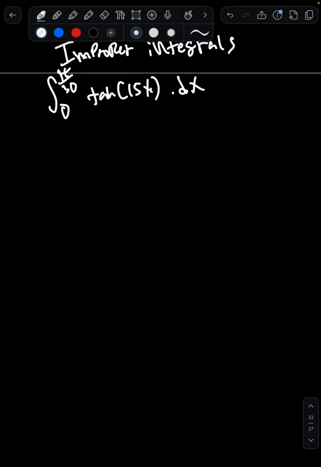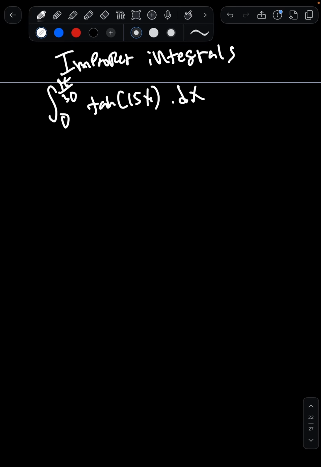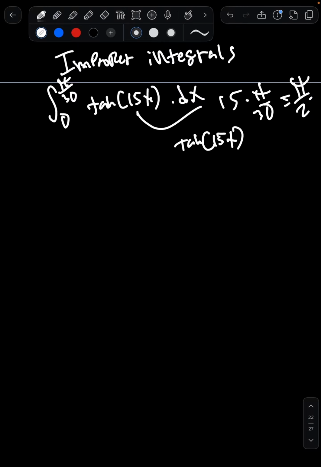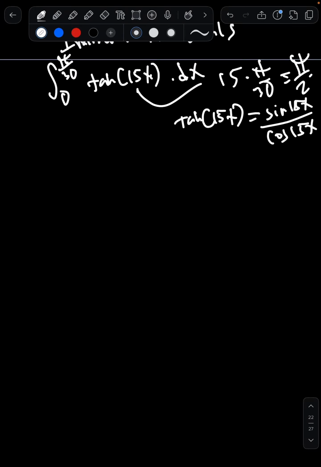However, you need to take into account that 15 times pi over 30, which I got pi over 30 from one of these bounds, is equal to pi over 2. Now, we know tangent of 15x can be rewritten as sine of 15x divided by cosine 15x.